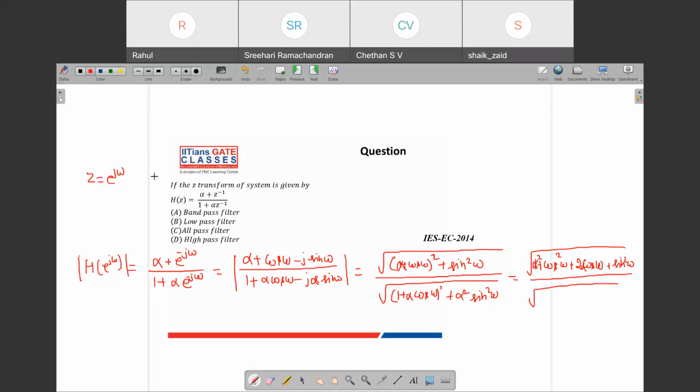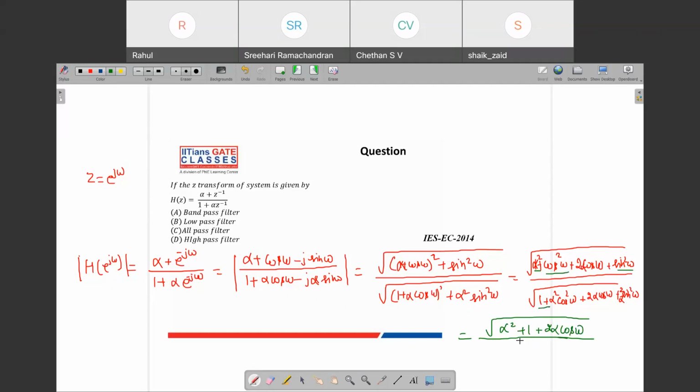For the denominator you'll get 1 plus alpha square cos square omega plus 2 alpha cos omega plus alpha square sine square omega. Now this cos square omega plus sine square omega will become 1, giving 1 plus 2 alpha cos omega.